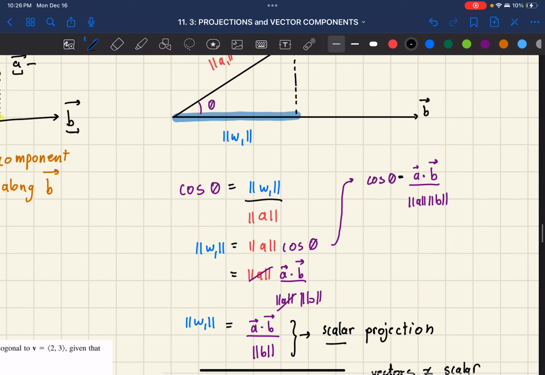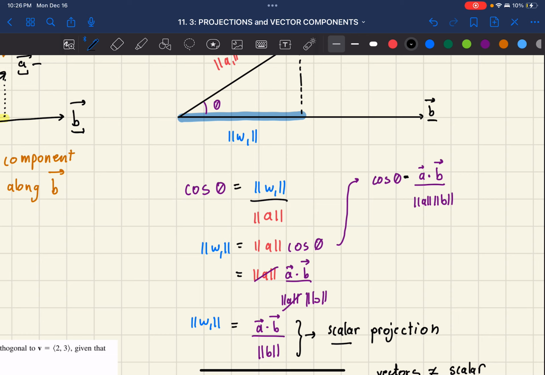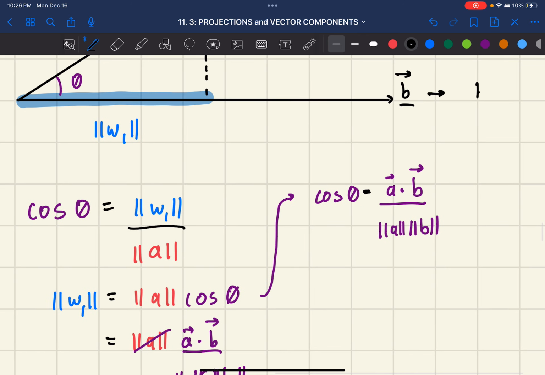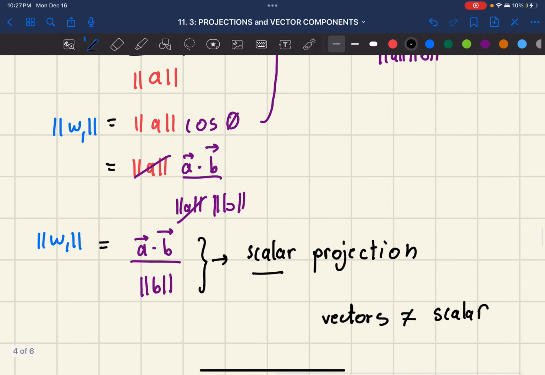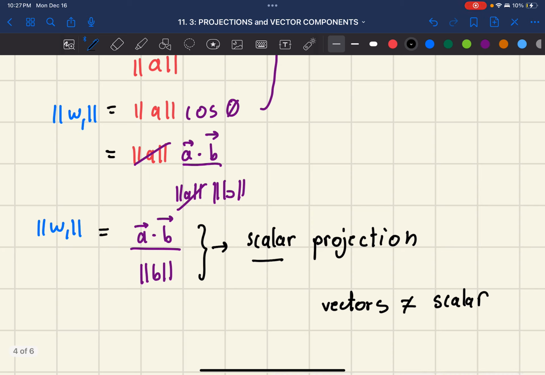Well, if we're looking to keep the direction of the B vector, all we need to do is multiply by the B unit vector. Now, why is that? That's because the B unit vector preserves the direction of B, but has a magnitude of 1. Meaning if we multiply it with our scalar projection, it's not going to impact the magnitude of our scalar projection, but introduce the direction we so desperately need to describe vector projections.